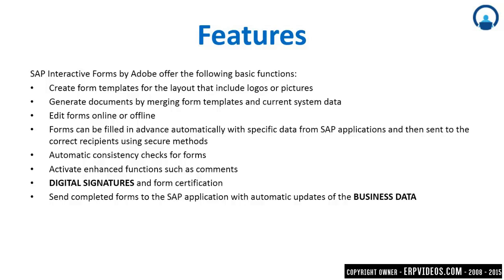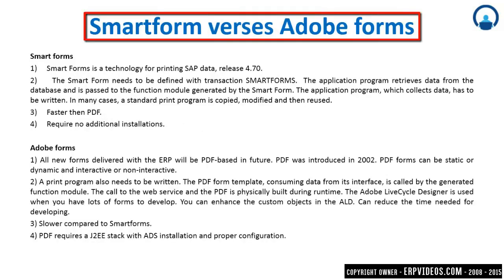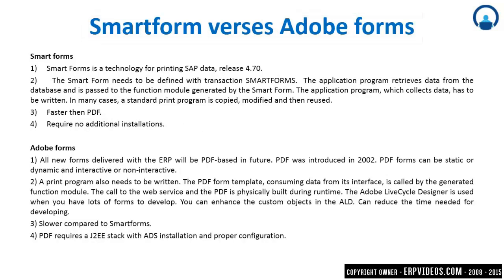Now next we'll see the difference between Smart Forms and Adobe Forms. We have seen SAP Script, we have seen Smart Forms. Now we all know that Smart Form is a technology for printing SAP data with the release of 4.70.